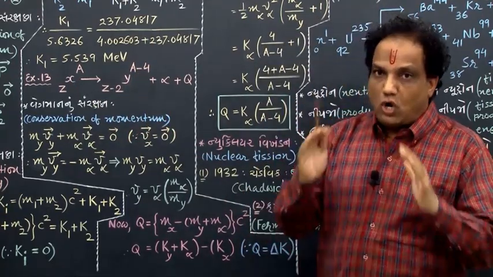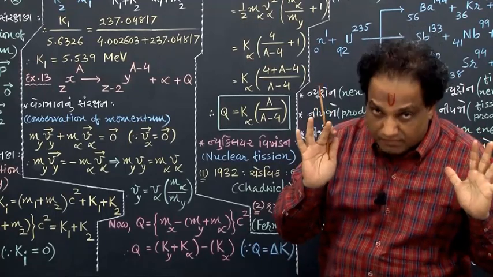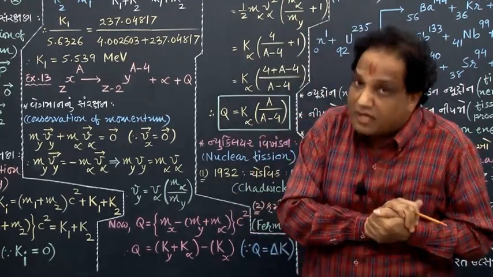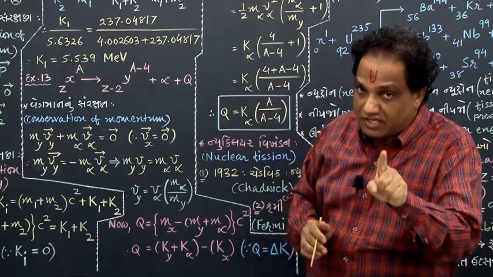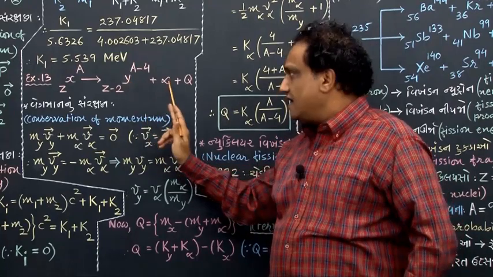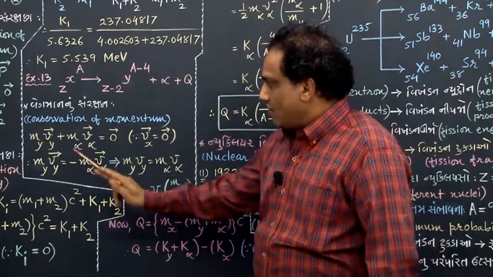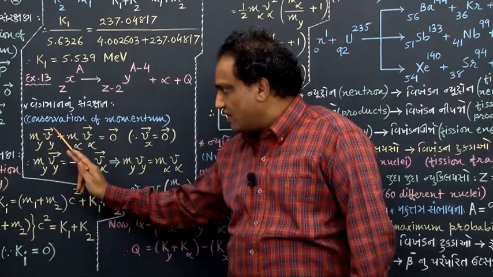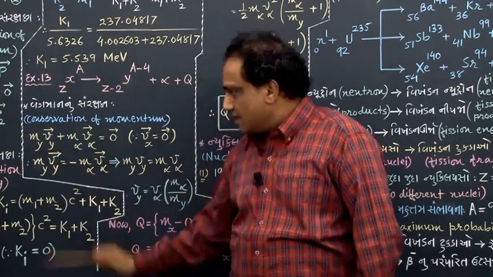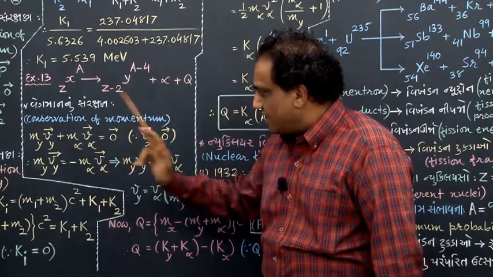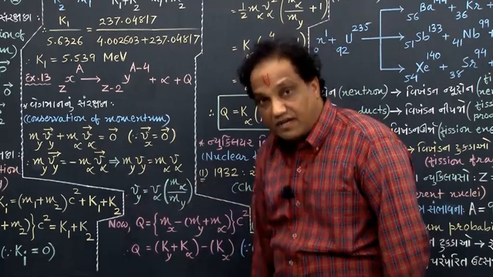Apply now the law of conservation of momentum. Then final momentum should be equal to initial momentum. Final momentum means vector addition of the momenta of the Y nucleus and the alpha particle. Momentum of the Y nucleus is what? Mass of the Y nucleus multiplied by the velocity of the Y nucleus, plus momentum of the alpha particle, which means mass of the alpha particle into the velocity of the alpha particle.